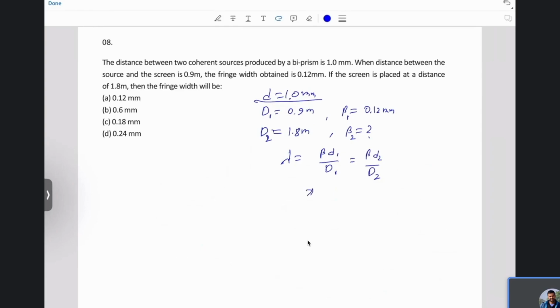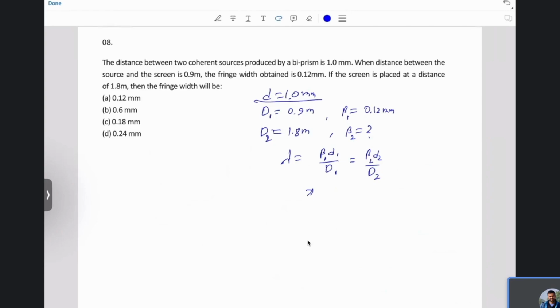So beta will also be different, beta 1, beta 2.